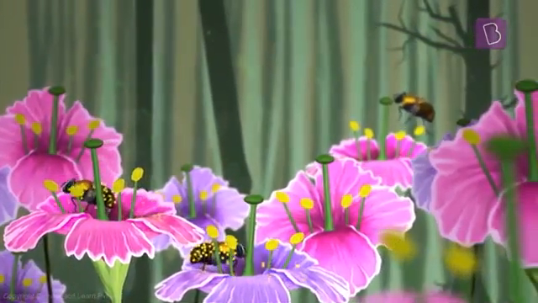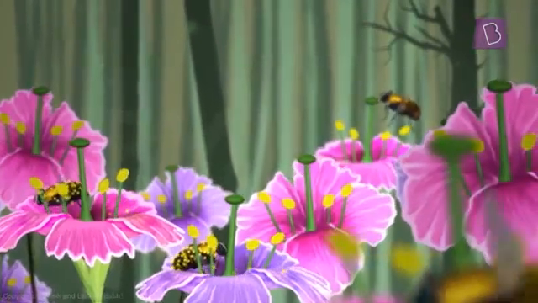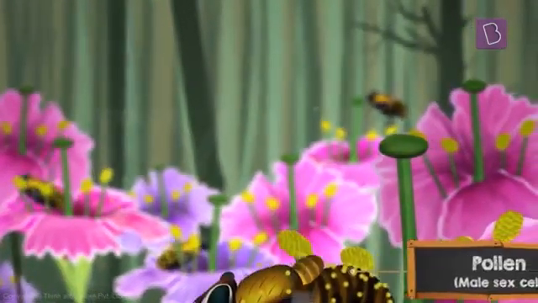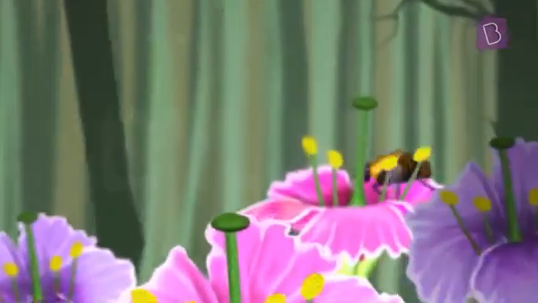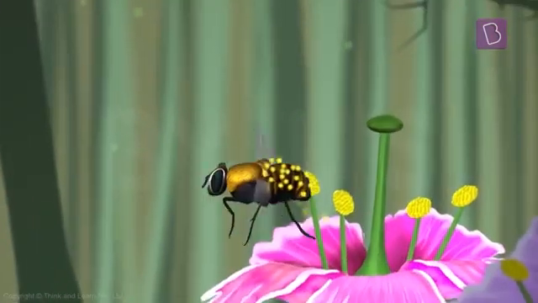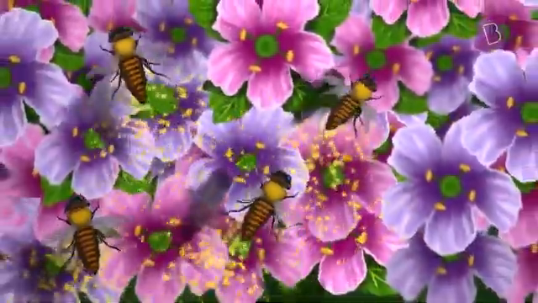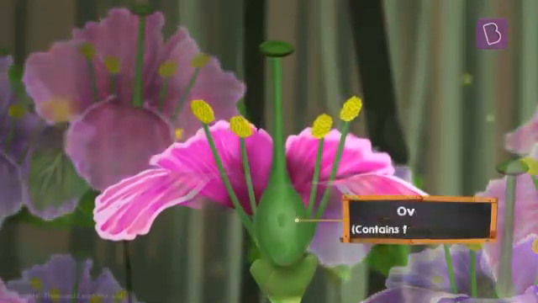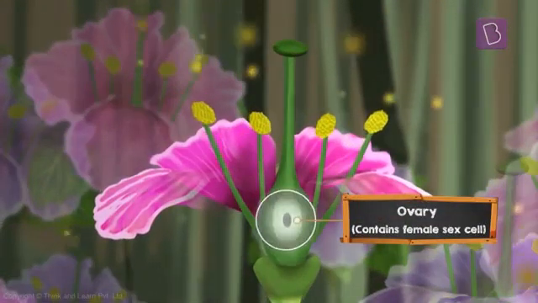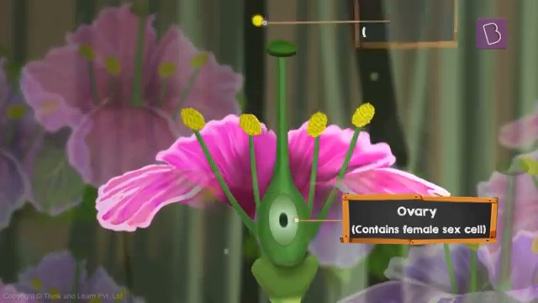What they are doing is picking up the pollen from the anther. Now, the pollen is the male sex cell in a plant, if you will. The pollen cells are picked up by these insects and taken from one flower to another, right? And the ovary contains the female sex cells of a plant.